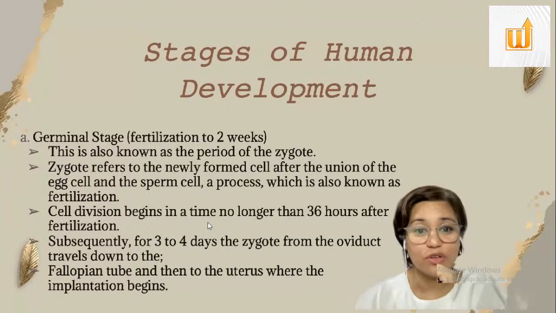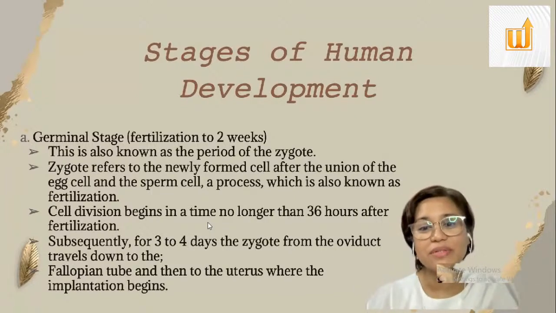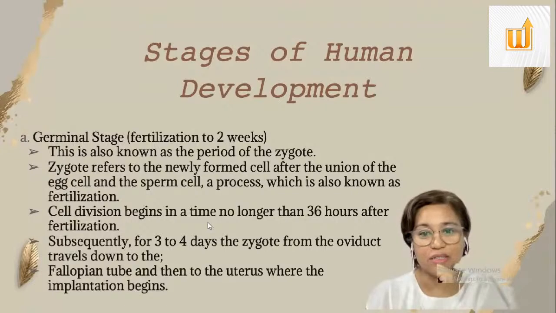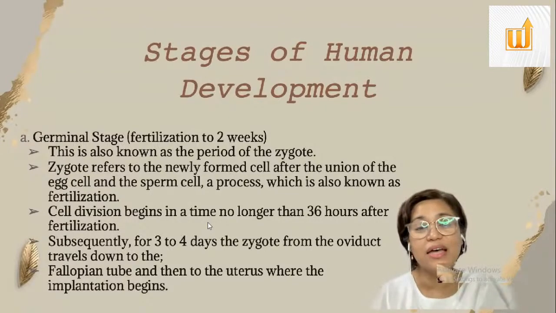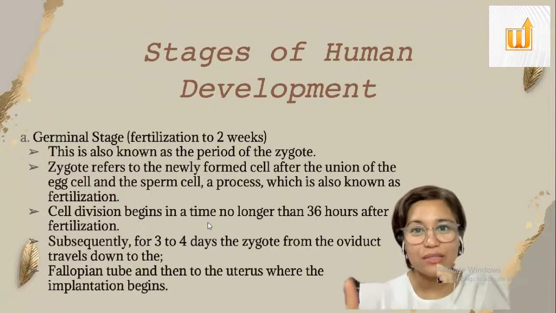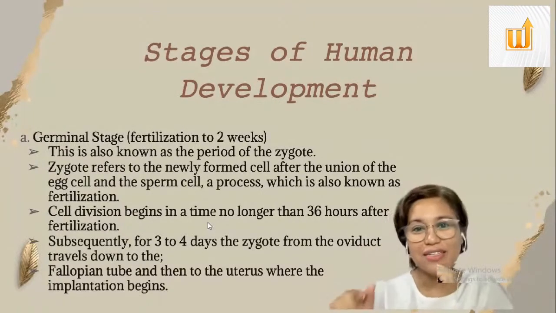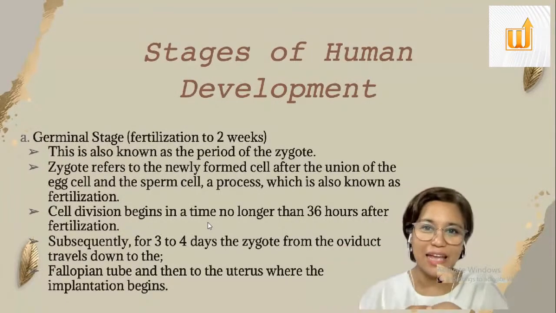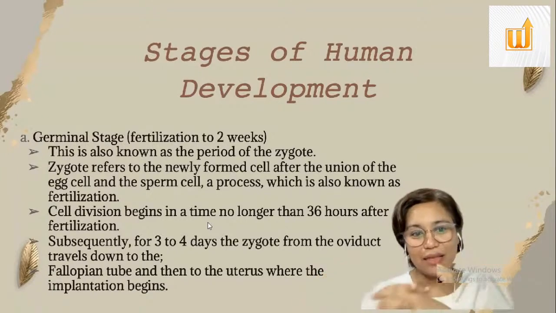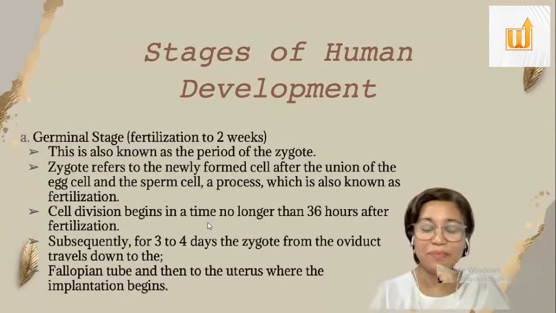The zygote refers to the newly formed cell after the union of the egg and sperm cell, no? A process which is also called fertilization, when the only one sperm who finished the line, who went to the finish line, and the finish line is the egg cell, and they unite in order to form a new cell.